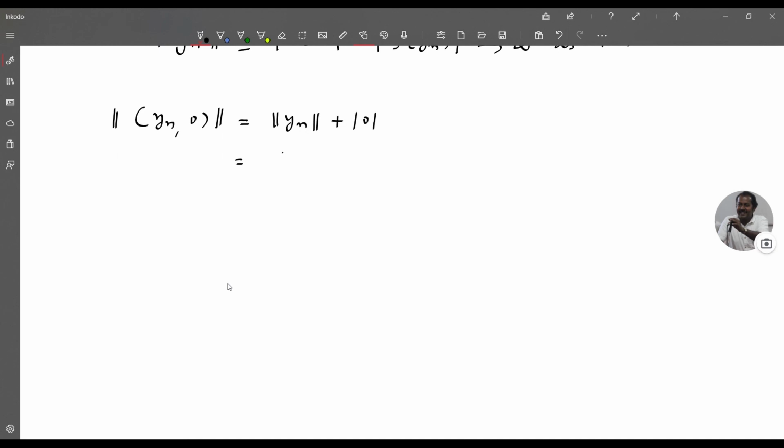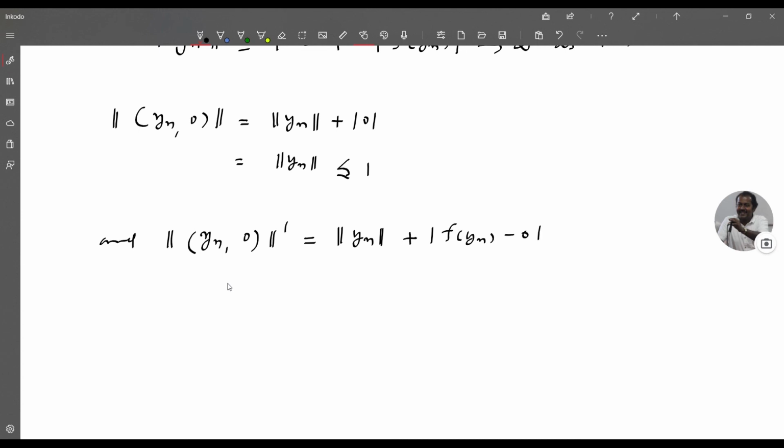So this is norm yn, which is less than or equal to 1. And norm dash of (yn, 0), by definition, is norm of yn plus modulus of f(yn) minus k, where k is 0. So this is norm yn plus modulus of f(yn), which tends to infinity as n tends to infinity.